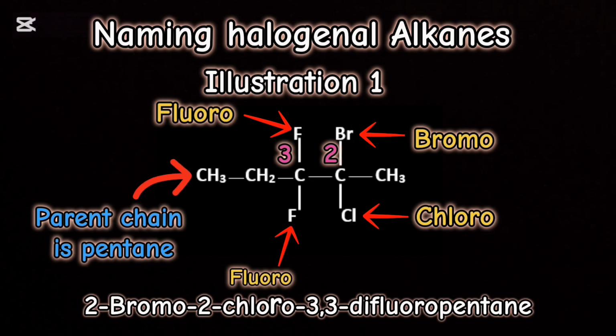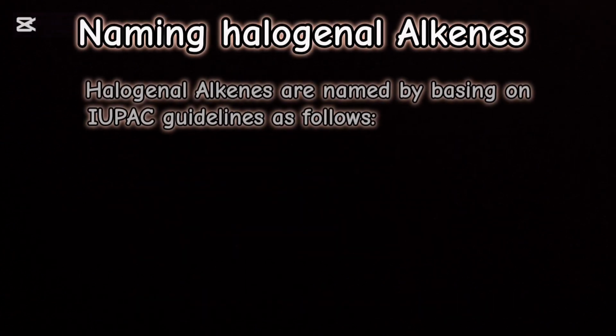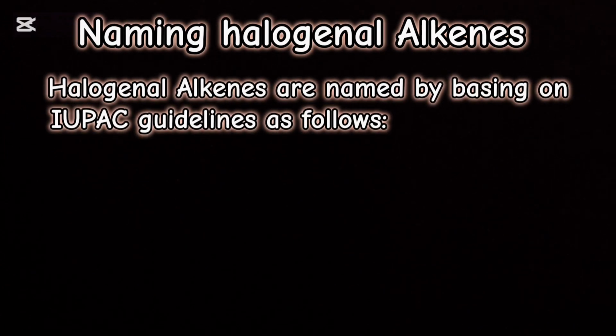At this point, I welcome you to the second part of our topic, which is nomenclature of halogeno-substituted alkenes. In order to name halogeno-substituted alkenes, we shall follow IUPAC guidelines that have been used in naming general alkenes, but there will be a few changes or considerations.